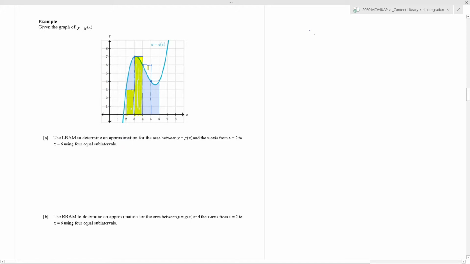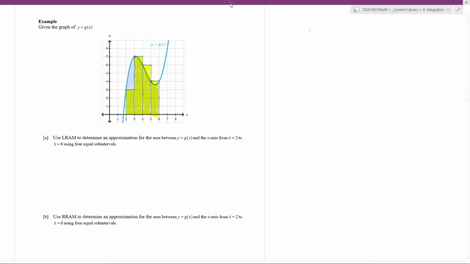So we've got 2 rectangles, 3 rectangles, 4 rectangles, right? Once you get the rectangles drawn, this is not rocket science. It's just about deciding what the height is going to be. So the height, again, for LRAM is dictated by the top left corner of each rectangle.